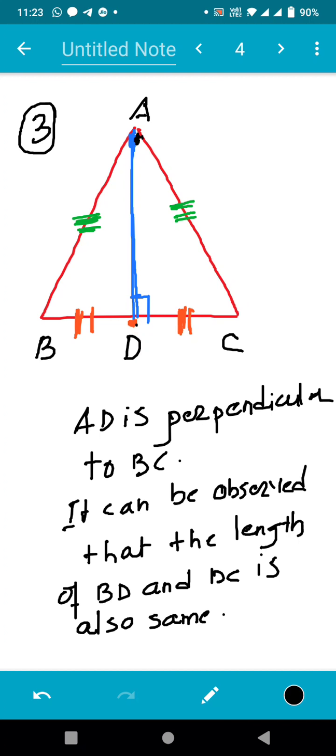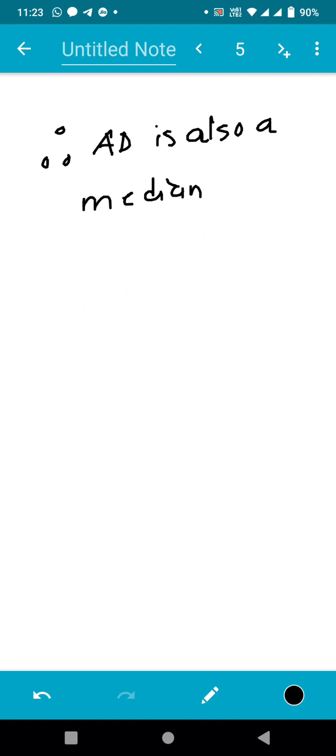So when a line is drawn from a vertex to the midpoint of the opposite side, that line will be considered as what? Median. And AD is also a median, and AD is also an altitude. So this is what we have written. So AD is also a median of this triangle. So it is shown that median and altitude of an isosceles triangle are both the same thing.